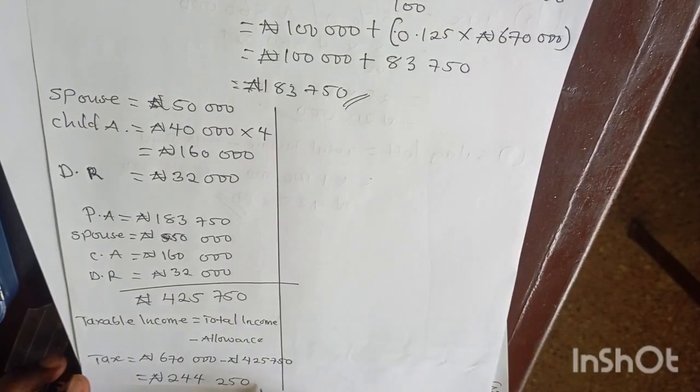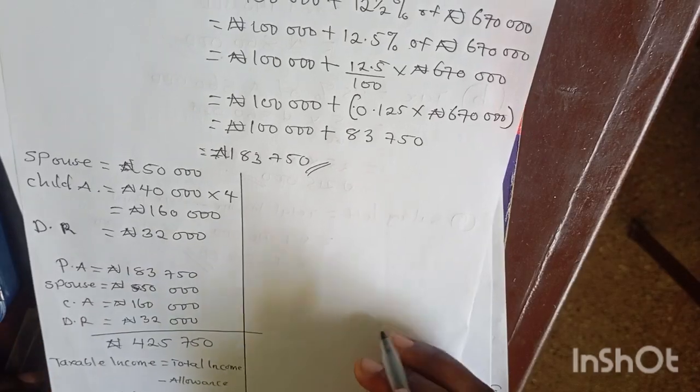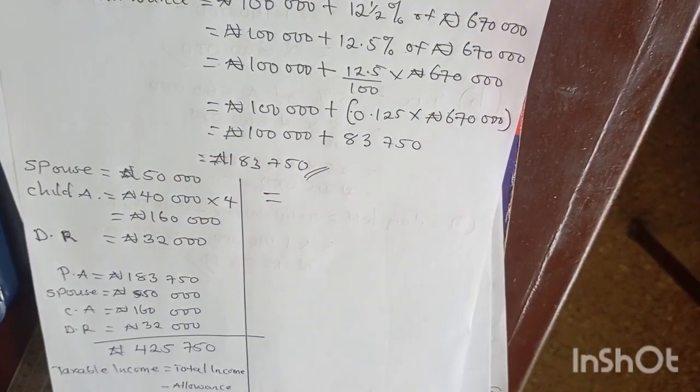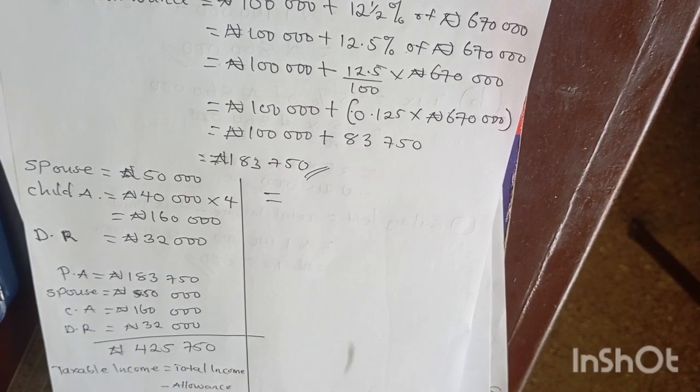Now, let's take a look at this. This is the value that we're having here. But if you look at the first table, table 1, our money is 244,250. That means it falls within the first tax band, which is from 1 to 400,000. So that means we are going to find 10% of this amount here.